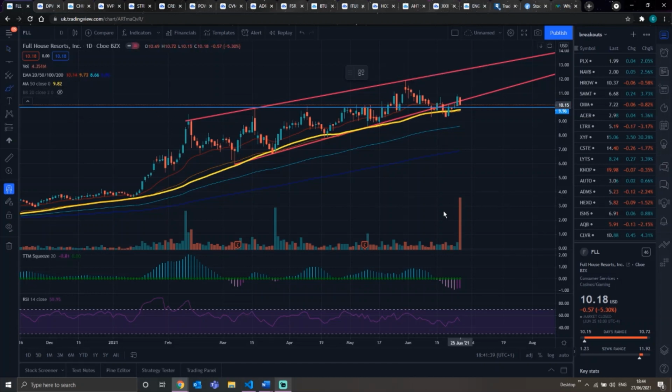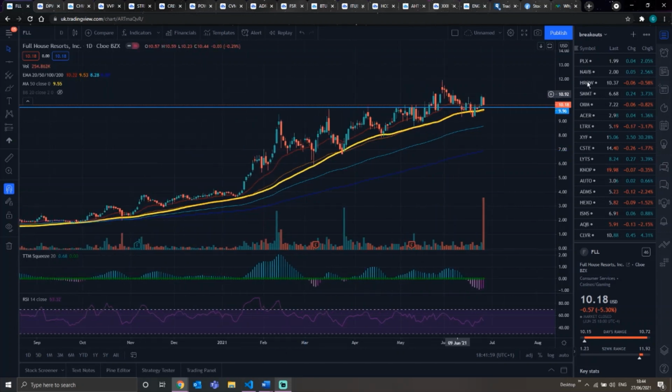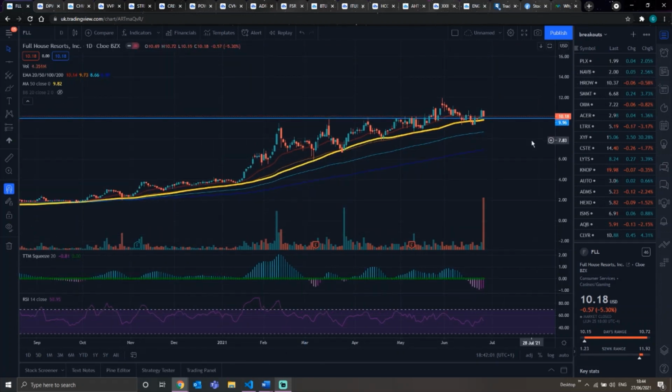Obviously, what we want is this volume candle to be the first one, and we want a low volume inside bar. So I'd be a little bit worried that they might bring this down a little bit more. But if it can regain a trend line, it would definitely be something that we could rechart eventually. But I think for now, I'd probably say it's going to be struggling to be a play.